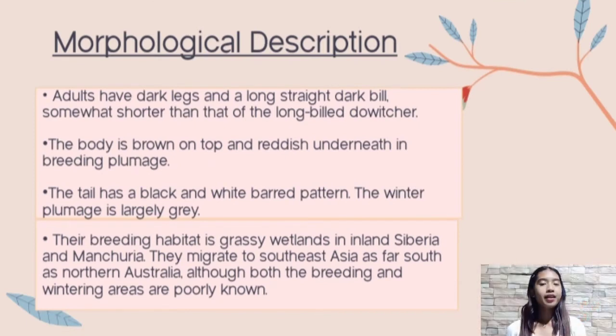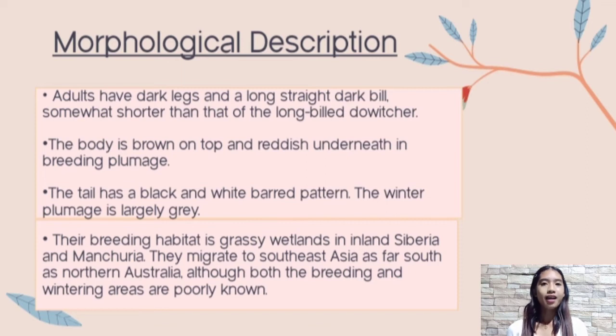So now, let us proceed to morphological characteristics. Adults have dark legs and a long straight dark bill, somewhat shorter than that of the Long-billed Dowitcher. The body is brown on top and reddish underneath in breeding plumage.